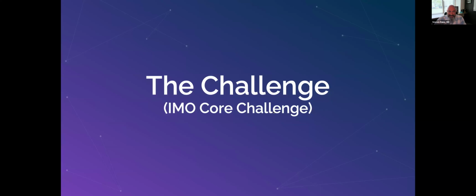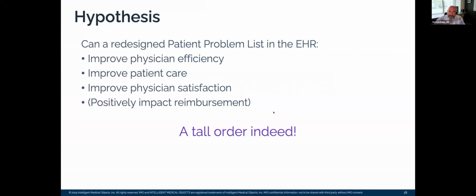So we wanted to test some of these theories and some of these solutions, and we came up with something called the IMO Core Challenge. The IMO Core Challenge was not designed to test every part of the solution. It was really focused on, can the improved categories and the improved appearance of the problem list aid the physician in efficiently identifying problems, and really come up with a more satisfying experience when dealing with the problem list.